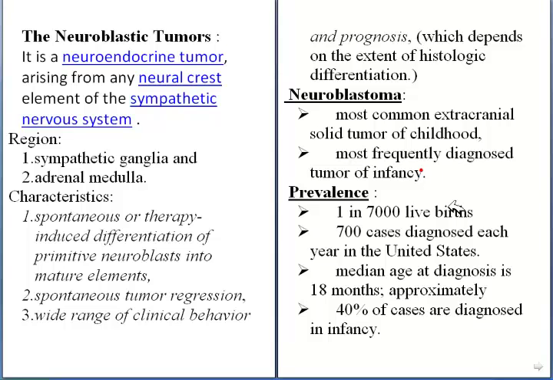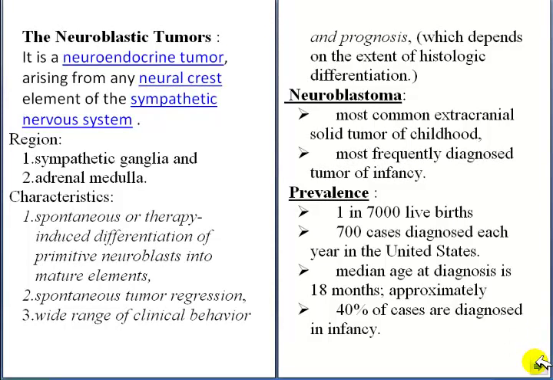The prevalence of neuroblastoma is 1 in 7,000 live births, and 700 cases are diagnosed each year in the States. The median age at diagnosis is approximately 18 months, and about 40% of the cases are diagnosed in infancy.